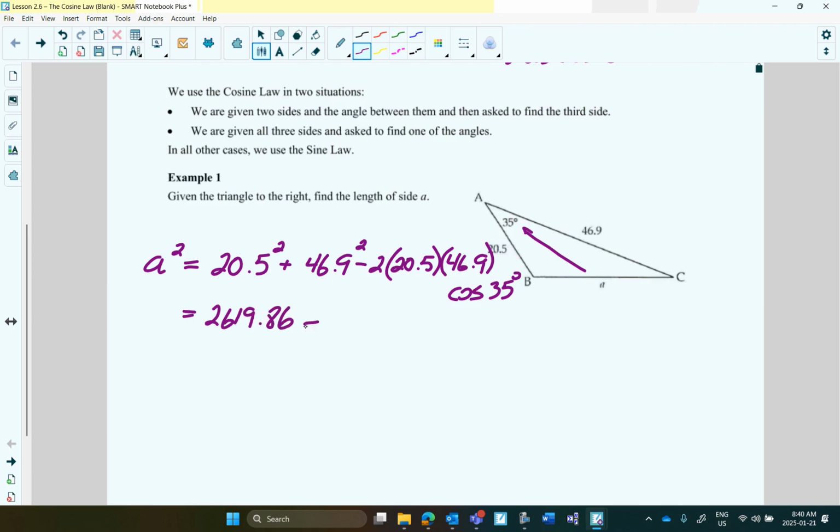So I did this portion here. Then when I do this portion, 2 times 20.5 times 46.9 times cos 35, and if I round it to 2 decimal places just to keep it consistent with this, I get 1575.15.